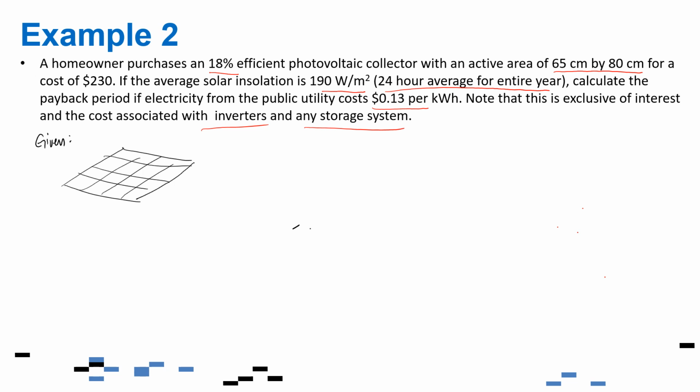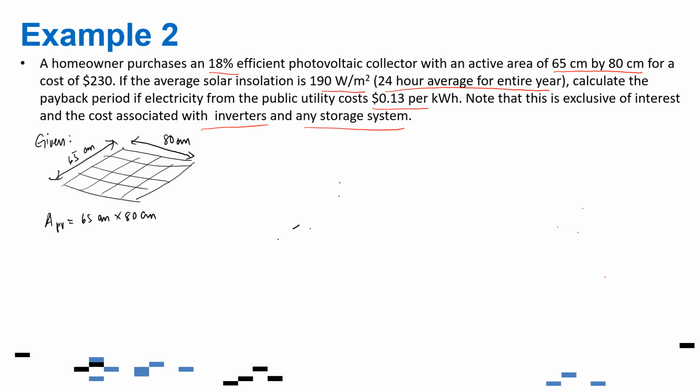So this is a PV collector, and the size is 65 by 80 centimeters. So that's a given area. We have an area of the PV collector equal to 65 centimeters by 80 centimeters.